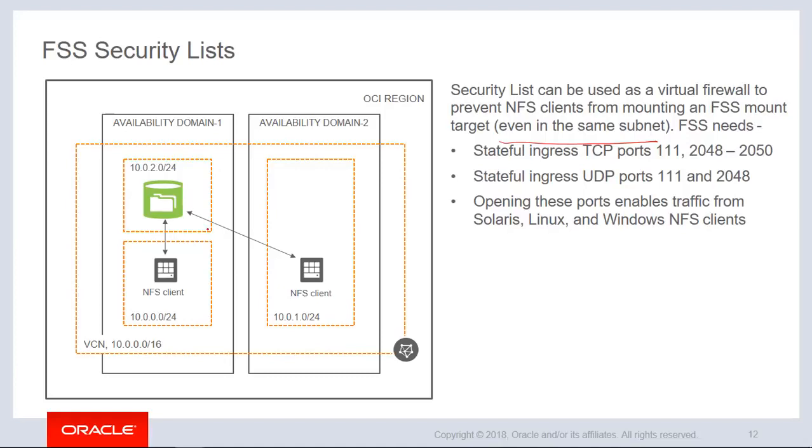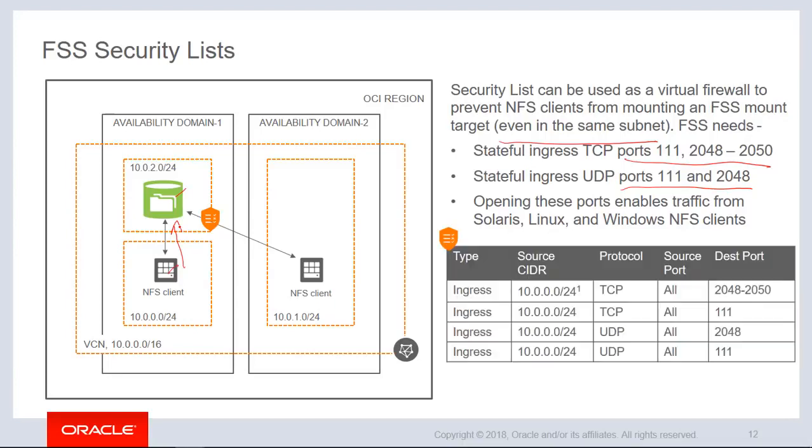So you have a mount target running here, you have an NFS client running here. You have to create security lists and open these specific ports for TCP and UDP. If you don't open these specific ports, the NFS client cannot mount an FSS mount target, and it cannot access the shared file system. So this is how you would use the security list within the VCN.